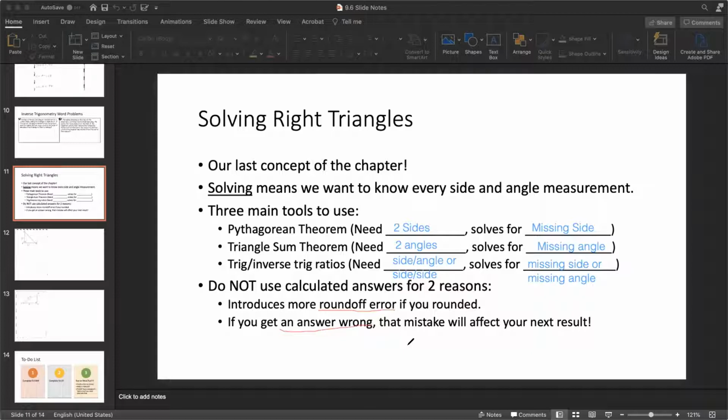If I calculate 50 for angle A, and angle A is actually 51, then everything I use angle A for is going to be off. Guaranteed. So the important thing here is that once you get an answer, you're done with that answer. You don't have to use it again.